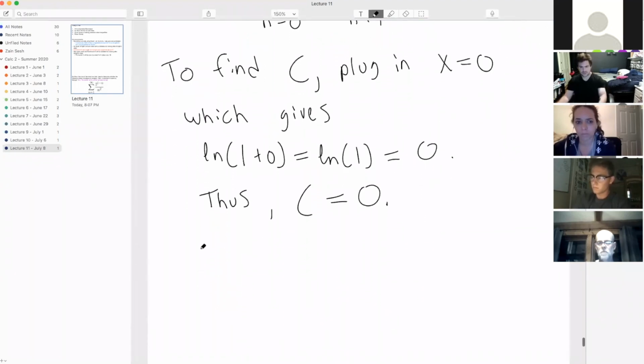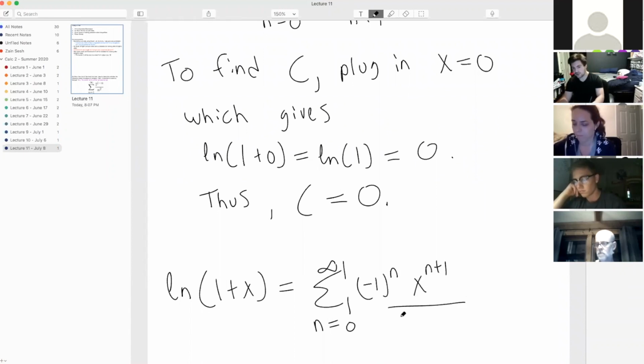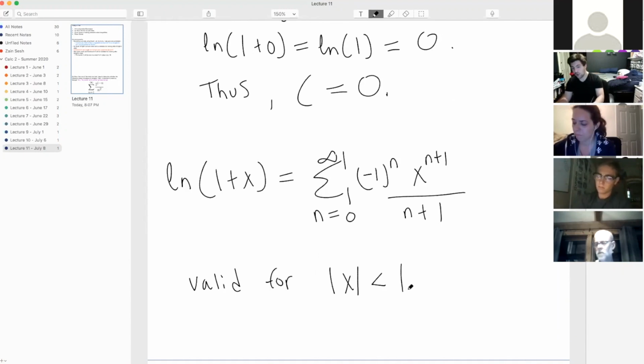All right, so let me just write out exactly what we have found here. Natural log of 1 plus x is equal to the infinite sum n equals 0 to infinity of negative 1 to the nth power multiplied by x to the n plus 1 over n plus 1. And this is valid for absolute value of x less than 1.